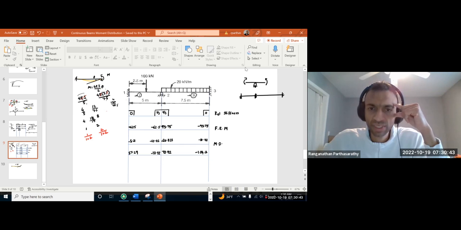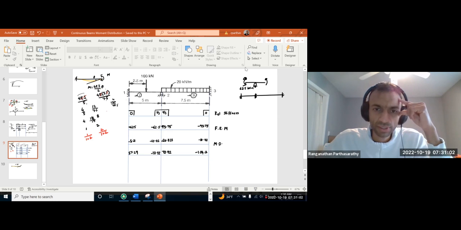So here we had a moment of 62.5 kilonewton meter on this side, and on this side we had a moment of 93.75 kilonewton meter.